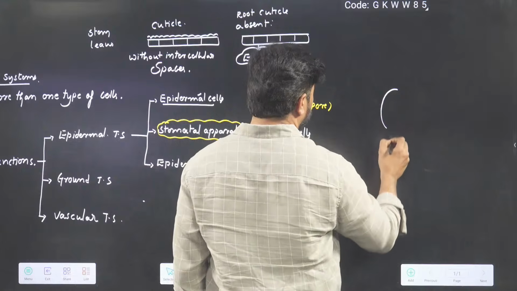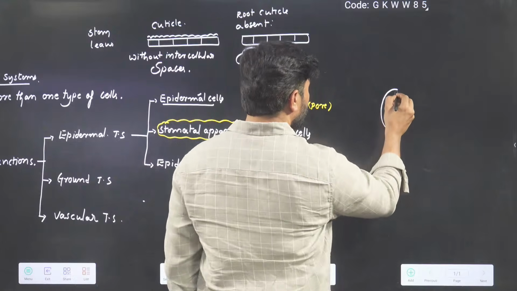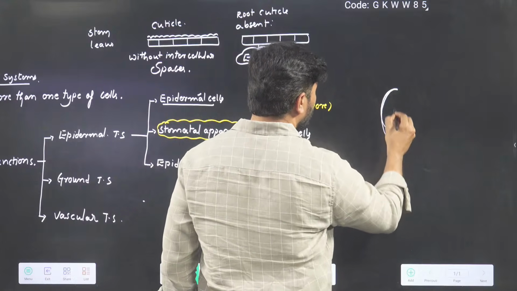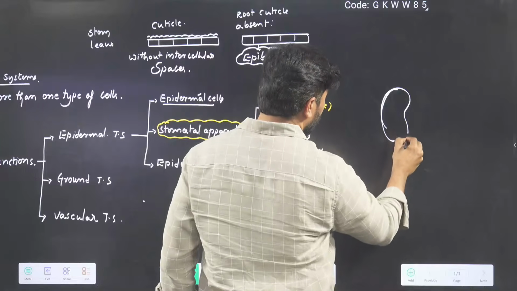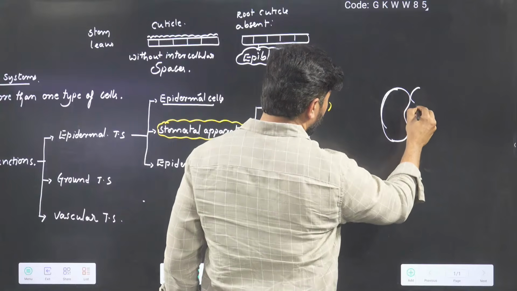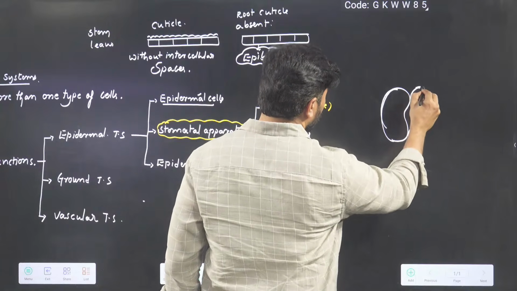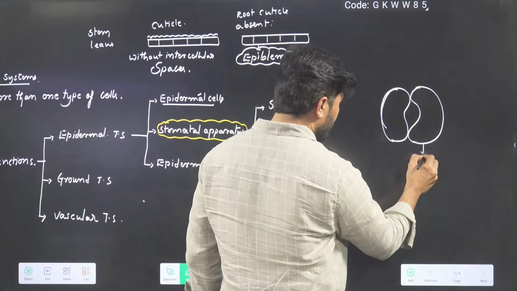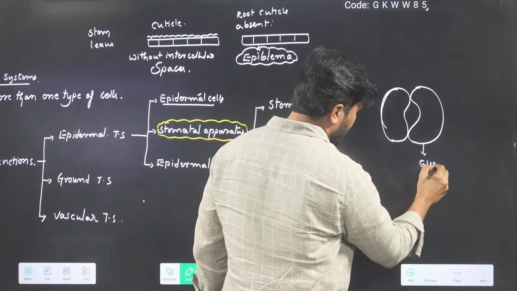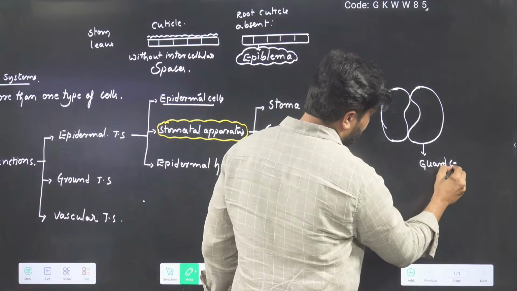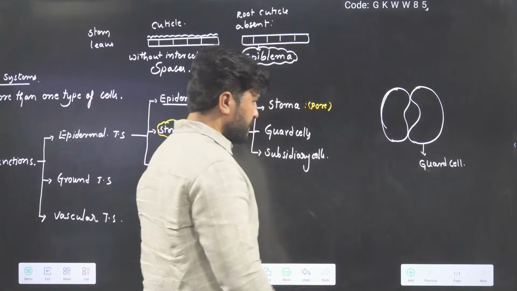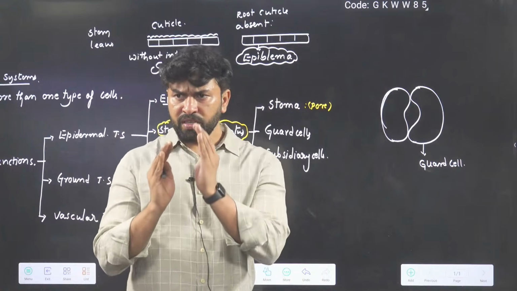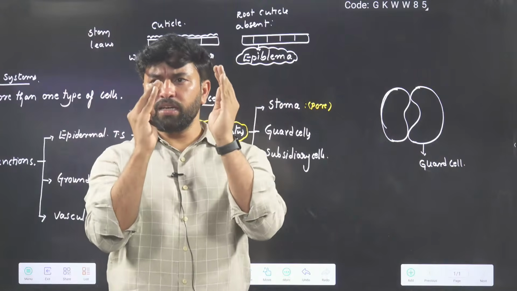I will take some special type of epidermal cells here. These epidermal cells are called guard cells. This is a modified epidermal cell known as a guard cell. Observe, this is a guard cell, another guard cell.